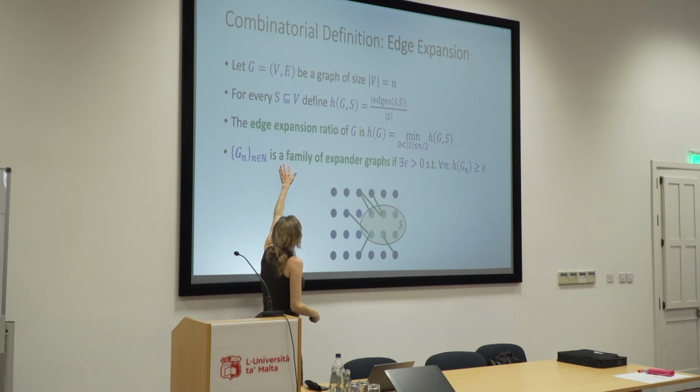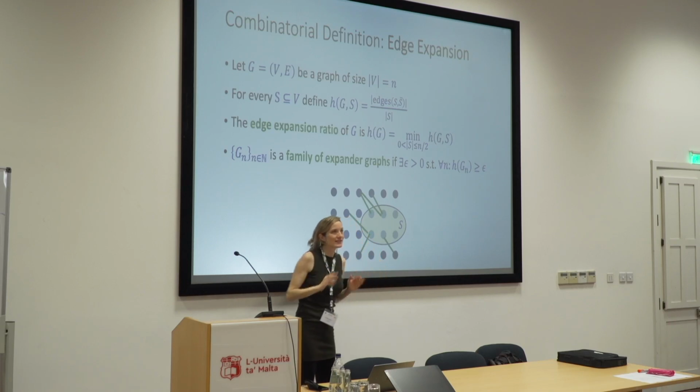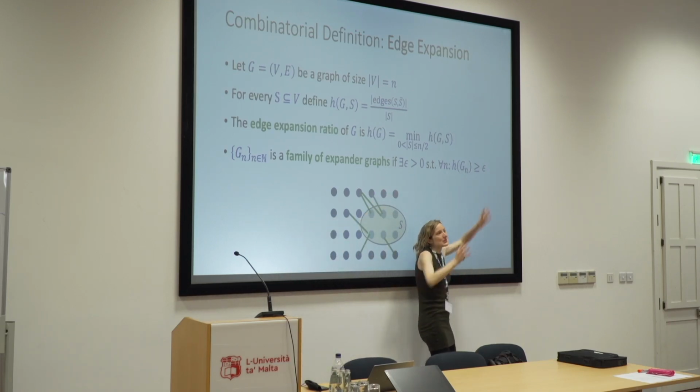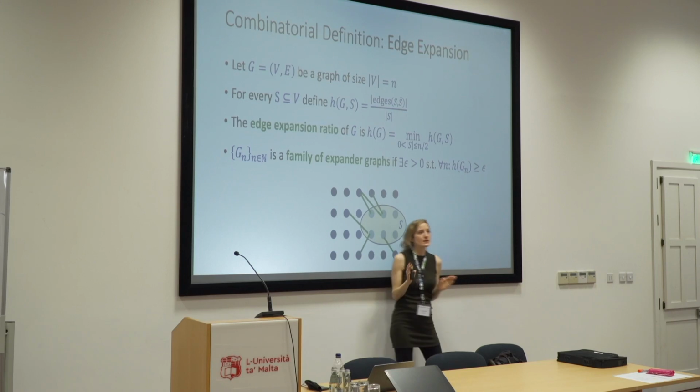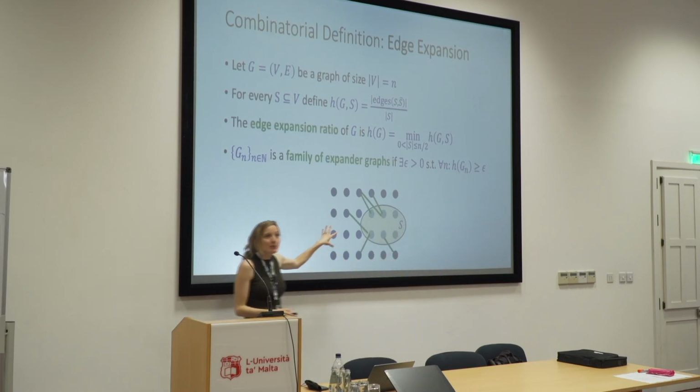And for this family of graphs, this is going to be called an expanding family of graphs. I'm not even demanding so much, right? I'm not demanding this is close to D or something very large. I'm just demanding that this is bounded away from 0. Okay, this is a bit to swallow.